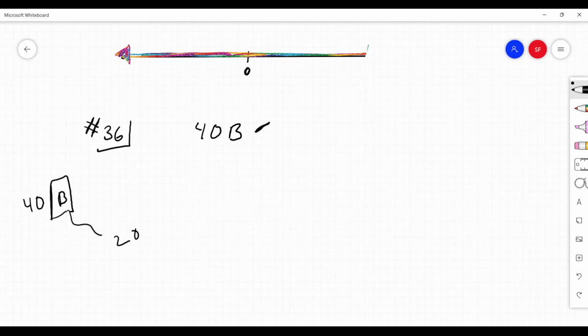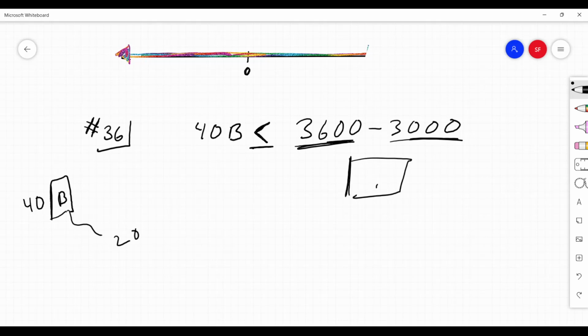I got, how many bags has got to be less than or equal to 3,600 minus 3,000, because 3,000 is his capacity. This is how much he has. This is how much his capacity is. So the in-between bit is how much he's got to get rid of. That make sense?